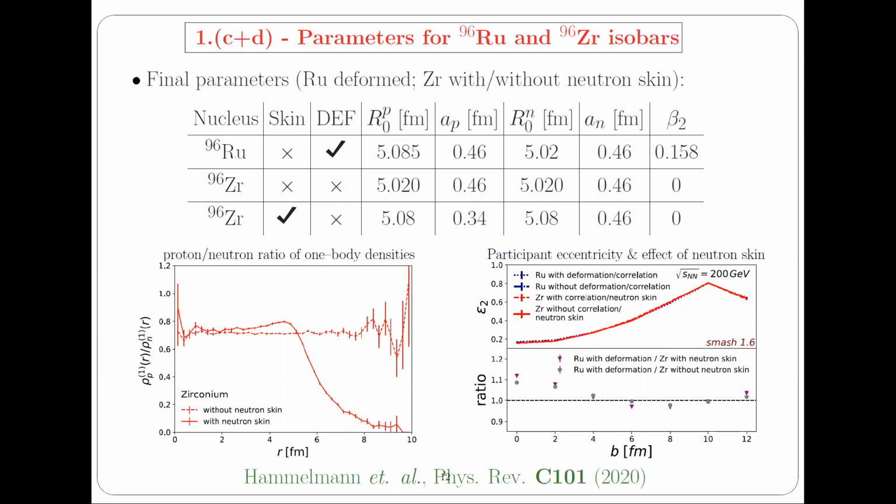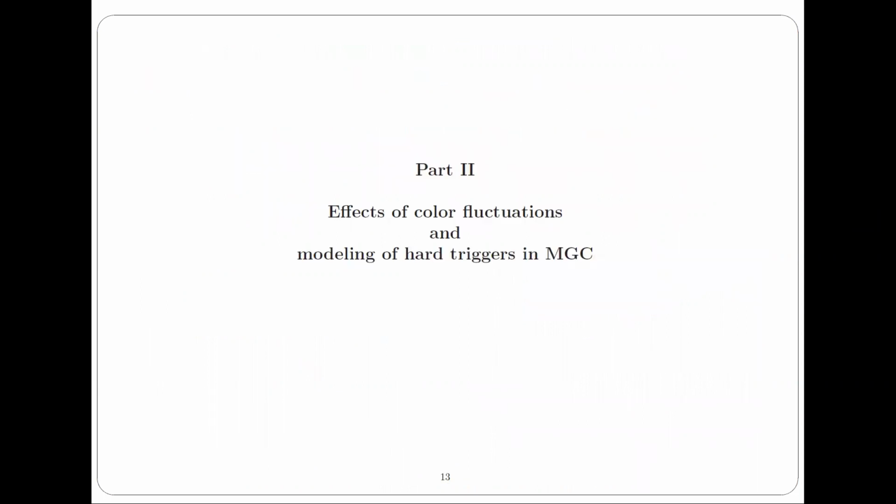And we saw that the participant eccentricity in nucleus collisions has a difference due to deformations at small impact parameters, as shown in the right figure. And also, neutron skin reduces the difference for magnetic fields, which was relevant for the STAR collaboration. I'm not showing this here, because I would like to move to part 2 of this presentation.